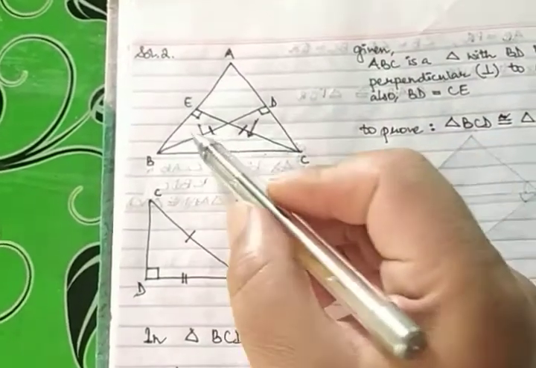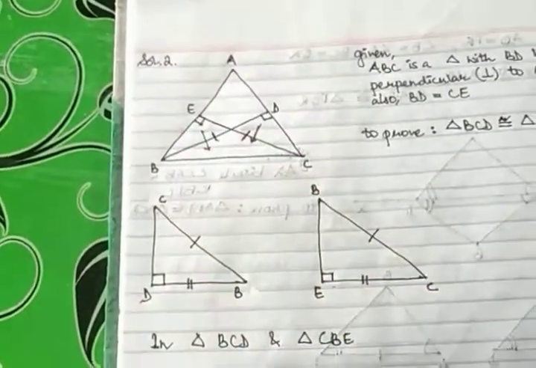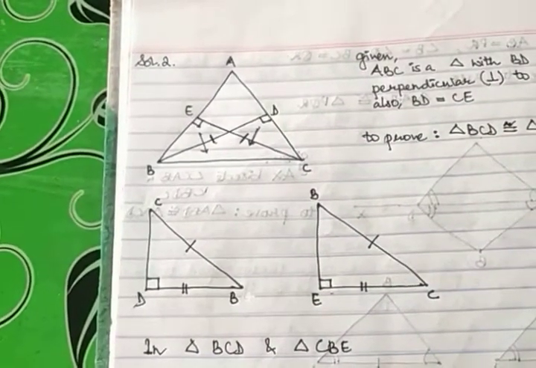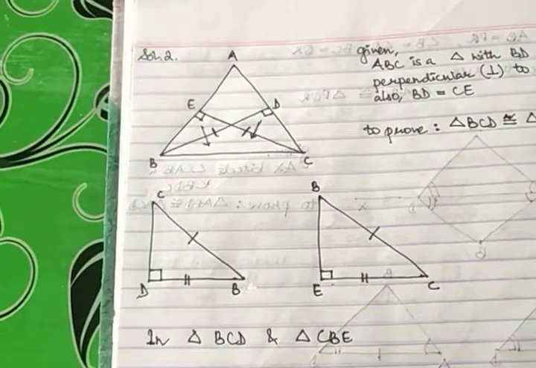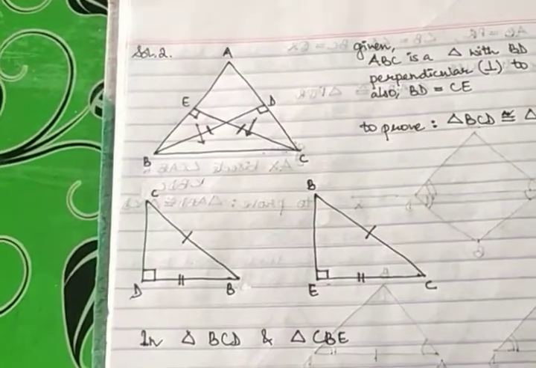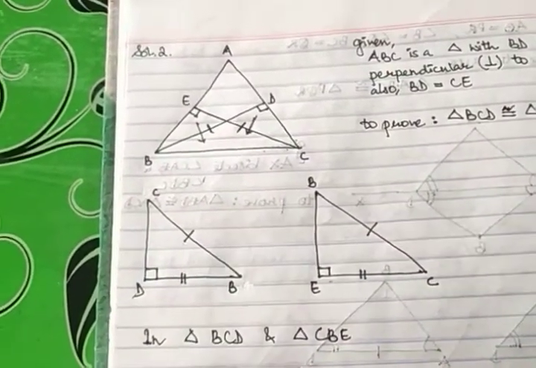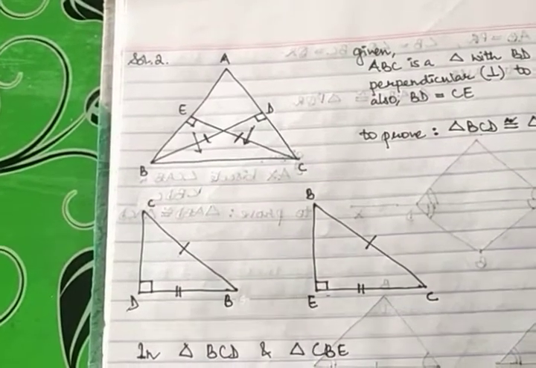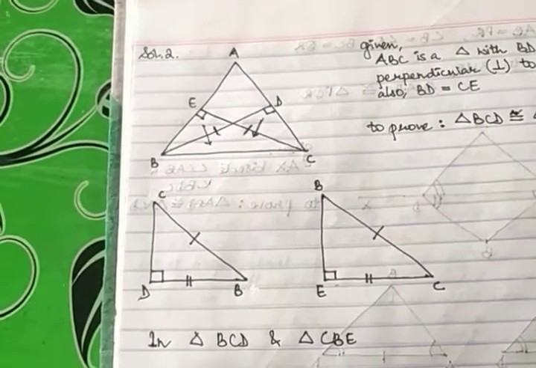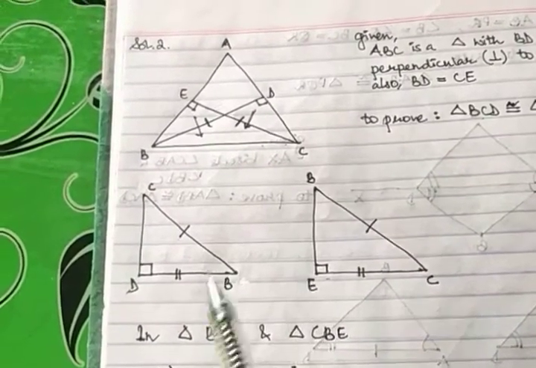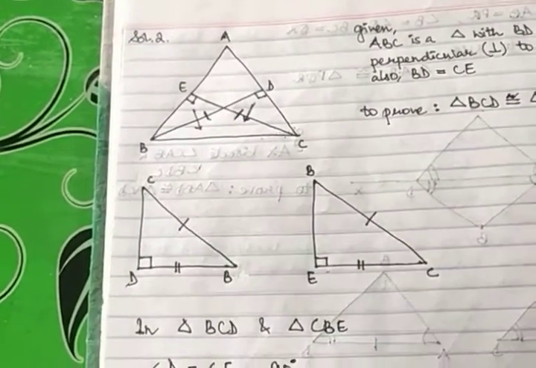Now the hypotenuse for both the triangles was BC, so I have marked both the BCs with one cut mark. Now what do we know? We know that two sides and one angle are equal, so you can simply use SAS.